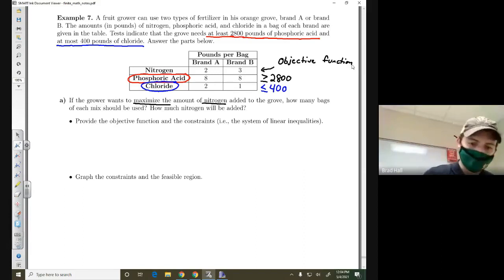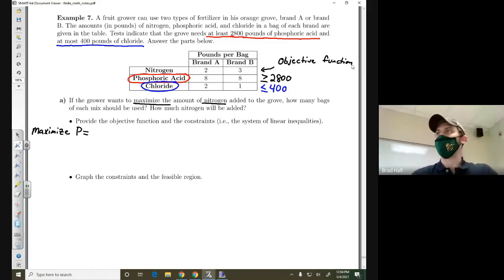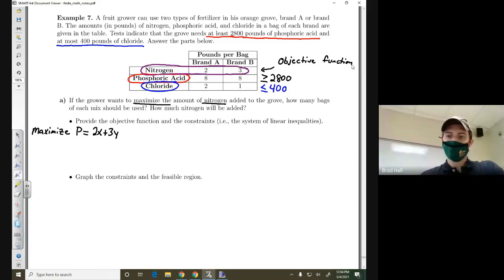So we want to maximize nitrogen. And so nitrogen has a 2 and a 3. So that would be 2x plus 3y for its row. So nitrogen has the 2 and the 3, so 2, I'll correspond that to x, 3, y.